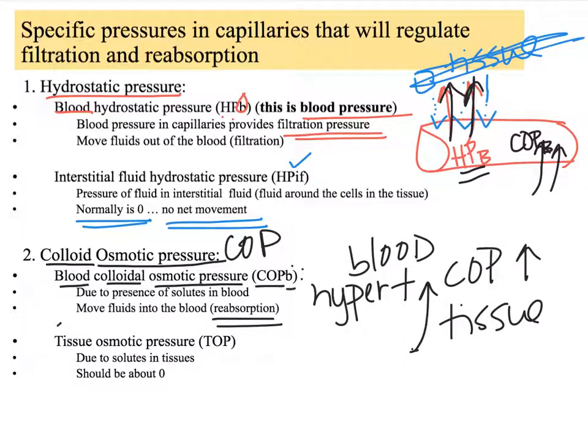The tissue osmotic pressure is due to the solutes in the tissue. The book says it's between 0 and 5, so we're just going to say that it's negligible. You don't have to worry about it. So basically what's driving movement at the capillaries is blood pressure and the amount of solutes in your blood.